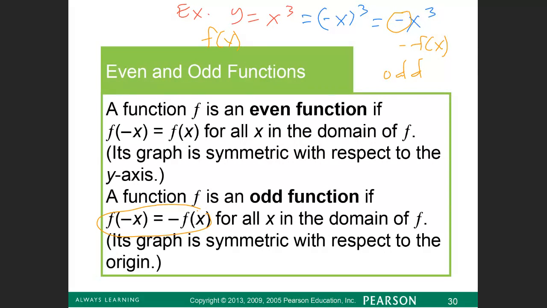What it looks like if you have a graph like this is a cubic curve, and the cubic curve is passing through the point of origin. That would be the intersection point there, and it's symmetrical to the point of origin. So that's why this one is an odd function.